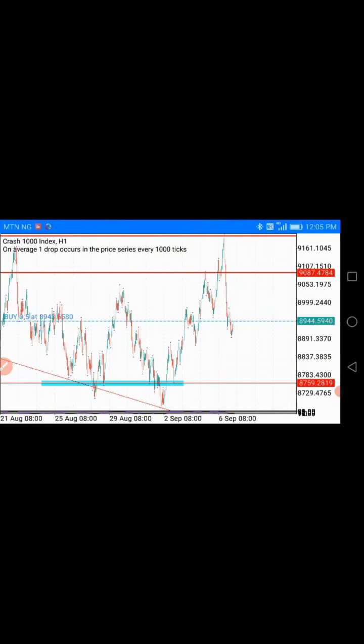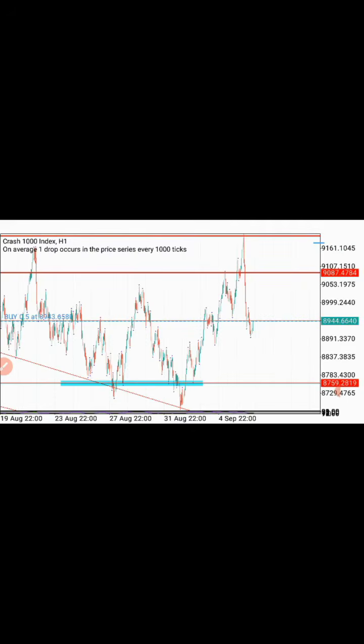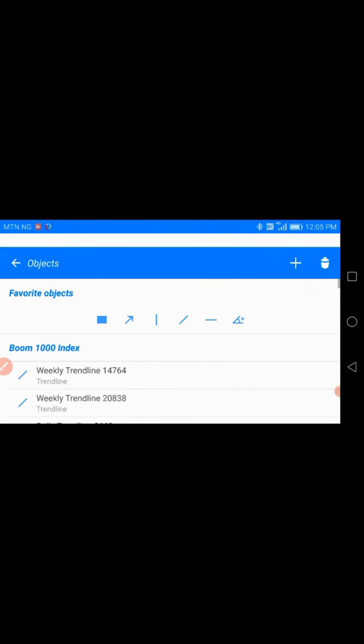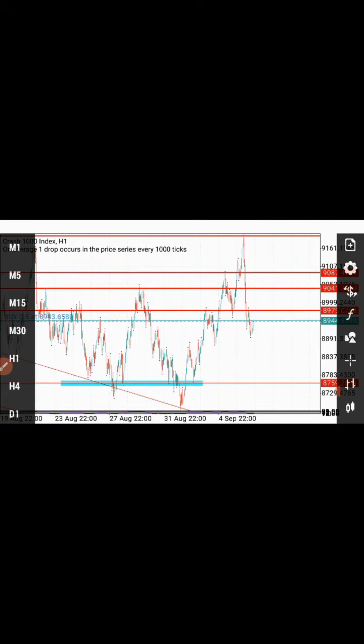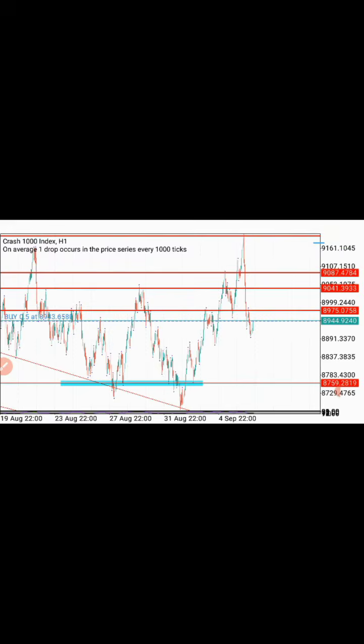Now we can put more here. We can take this, then we also take this, and then we take the current one, that is the position of the market right now.